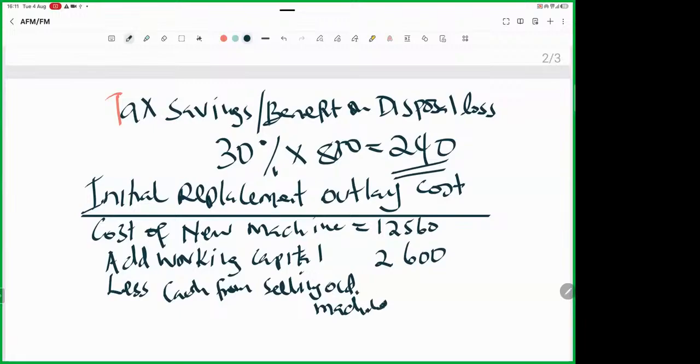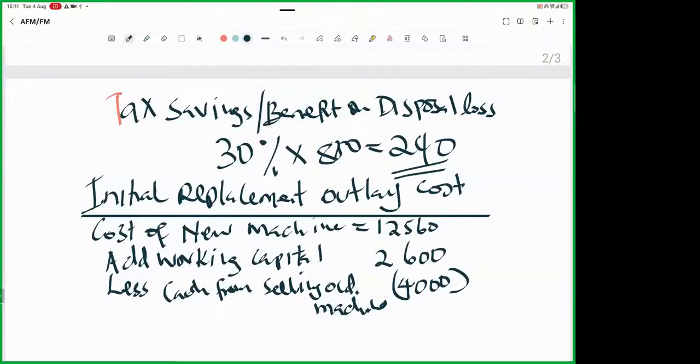Are you able to remember that selling price? If it had installation cost, I would have added it. We were able to get 4,000, if you remember. Now this, of course, we are subtracting, because it's a relief on us.